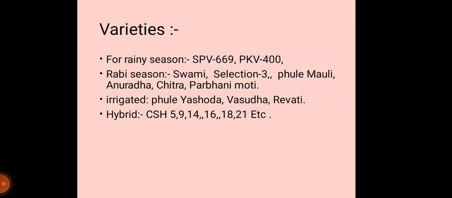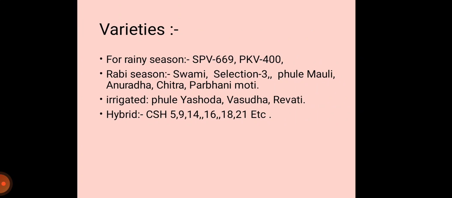sorghum crop. Then some of the important varieties of sorghum. For rainy season: SPV 669, SPKV 400. For Rabi season: Swati, Selection 3, Phule Mauli, Anuradha, Chitra, Parvani Moti.